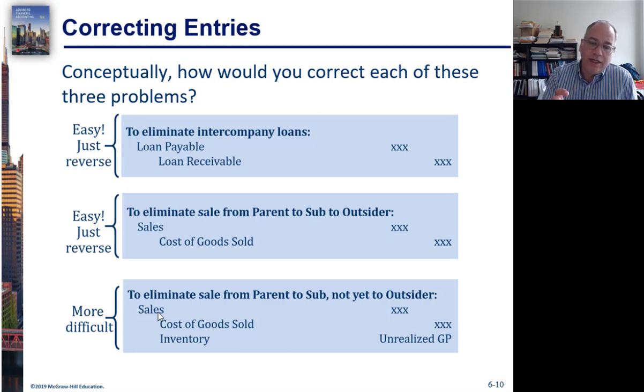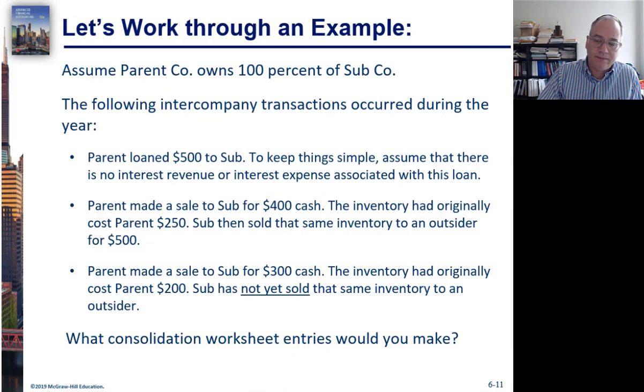And the difference between those would be sitting in inventory on the books of the sub. So that unrealized gross profit would need to be deferred, and so you would credit inventory for the amount of unrealized gross profit. The gross profit that the parent recorded when it sold to the sub is not real gross profit, and it cannot yet be recorded.